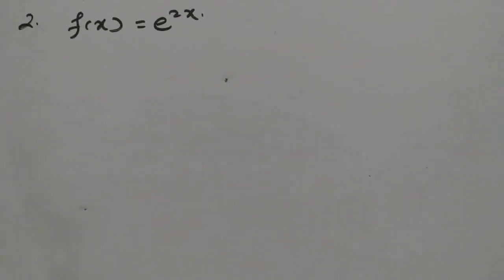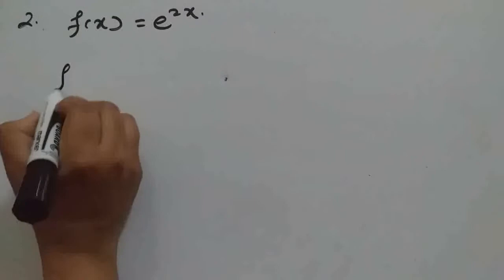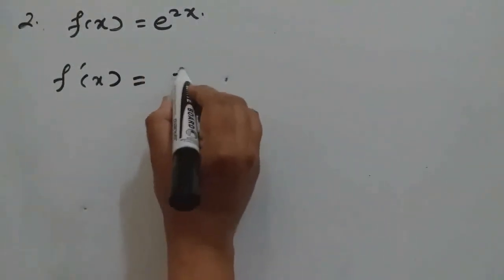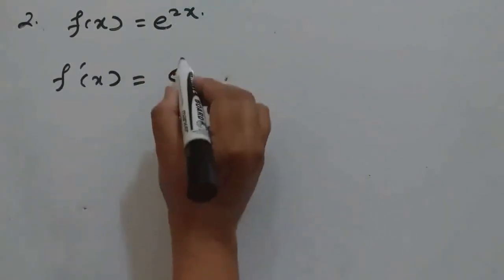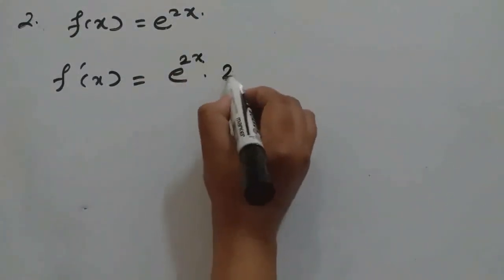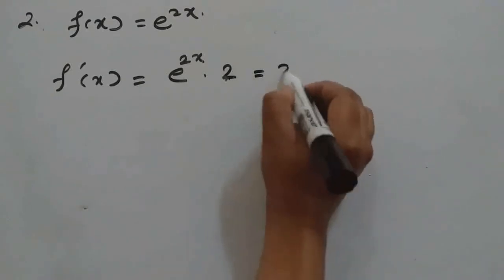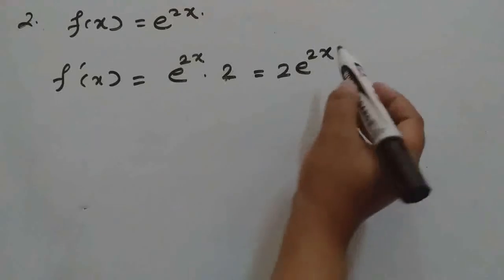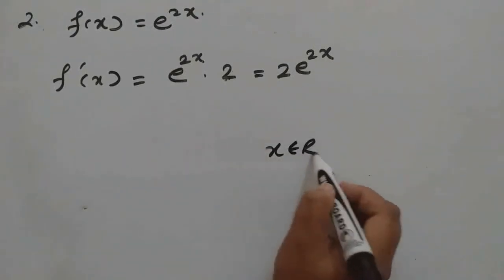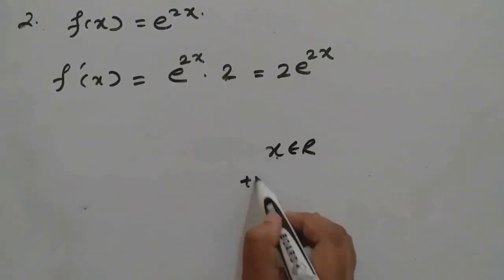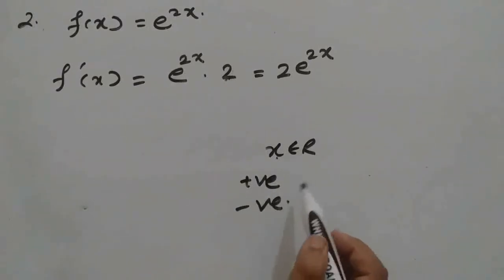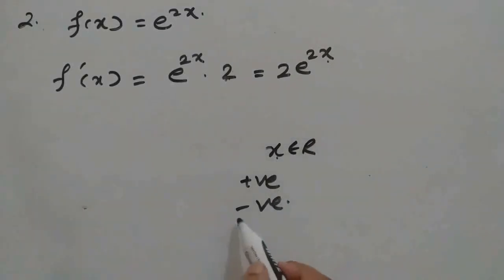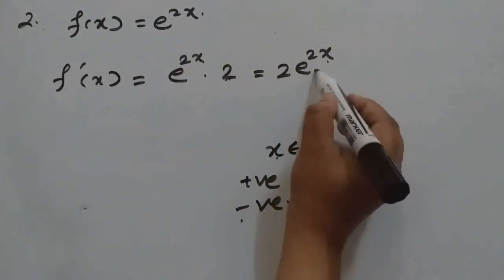f of x is equal to e power 2x. Here, first using the first order derivative test, we will find the derivative. The derivative of e power 2x will be the same, and then the derivative of 2x is 2. So 2 into e power 2x. Now suppose x belongs to R. So x can take positive values and negative values. If it is positive, no problem, this term will be positive, but if it is negative, then also this term will be positive.